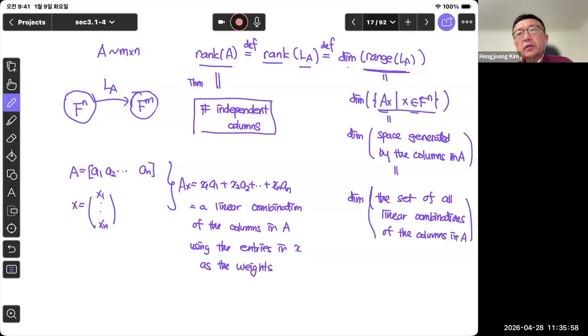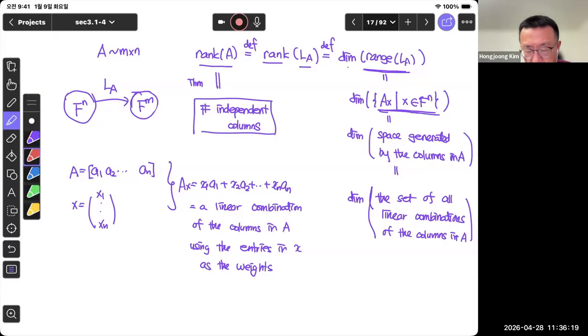If you want to find its dimension, that is the dimension of the space generated by the columns in A, or mathematically the collection of all the A times X vectors. Those represent the range of this linear transformation L sub A, okay?